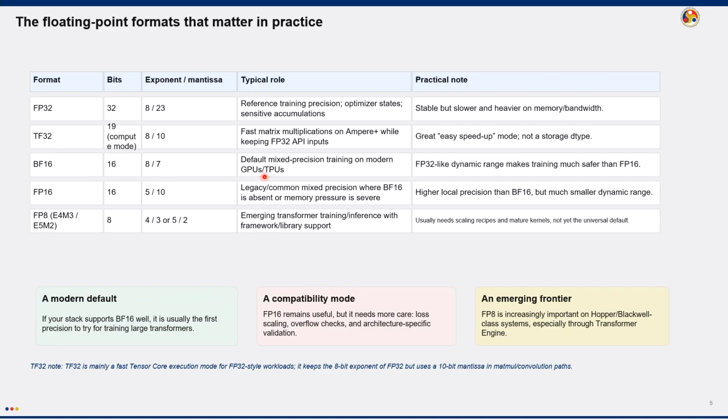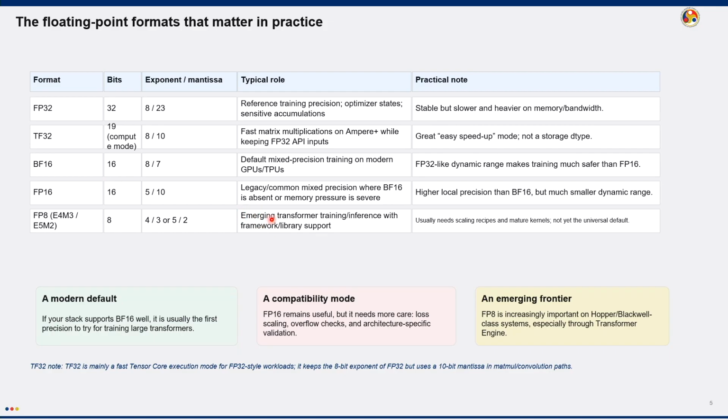And BF16 is the default for mixed precision training on modern GPUs and TPUs. So if you are using TPU or GPU, BF16 is very good in those cases. If we go for an earlier generation of GPUs, FP16 is the way to go, because we do not have BF16 support before the Ampere series of GPUs.